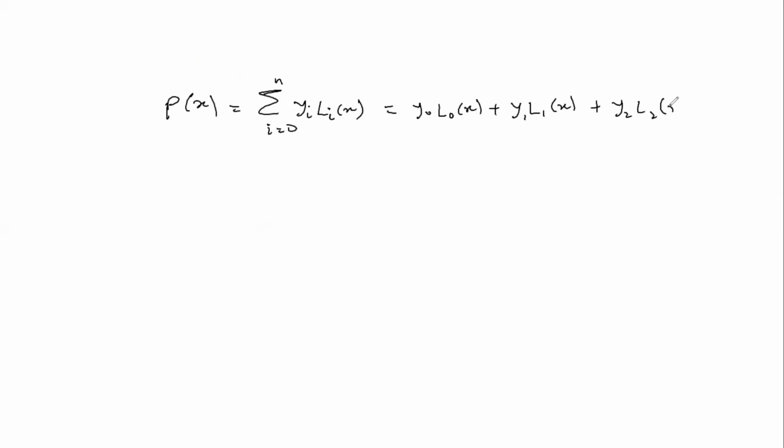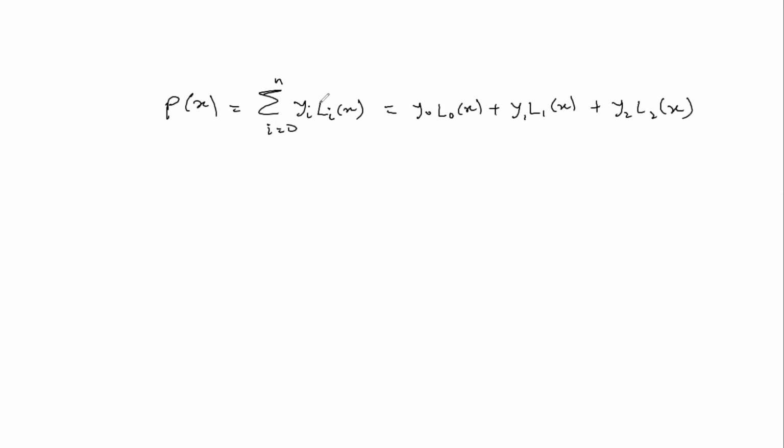We already know that P of x is the same as the sum from i equal to 0 to n of y sub i, L sub i of x. So this will now be the same as y naught, L naught of x plus y1, L1 of x plus y2, L2 of x. Okay?